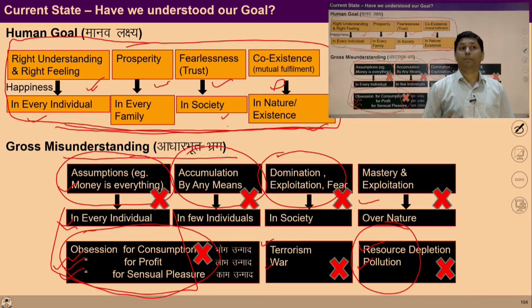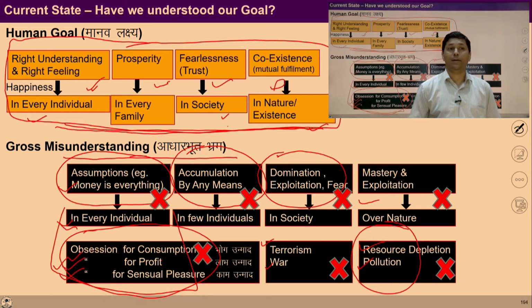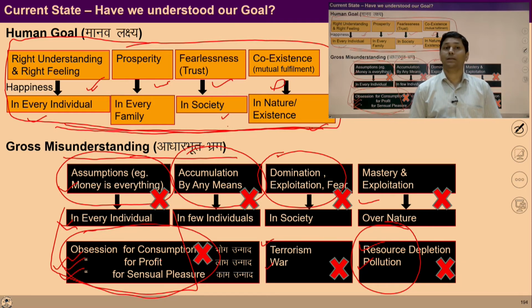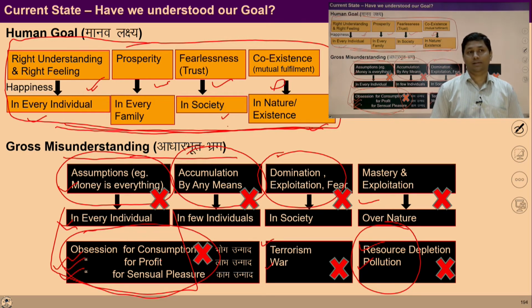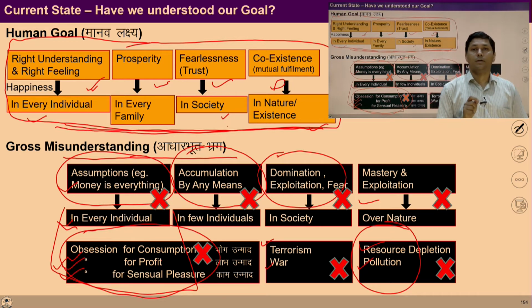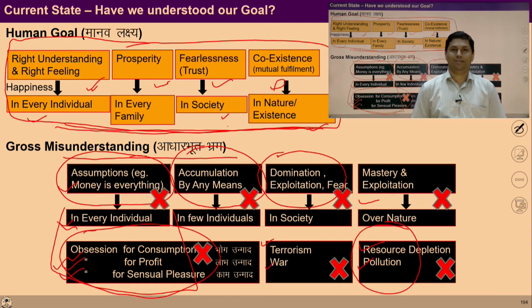It must be obvious that war is a loss for both of them, but they are not able to stop it because they are not able to see any better path which can be ensured with the feeling of relationship, with the feeling of cooperation.